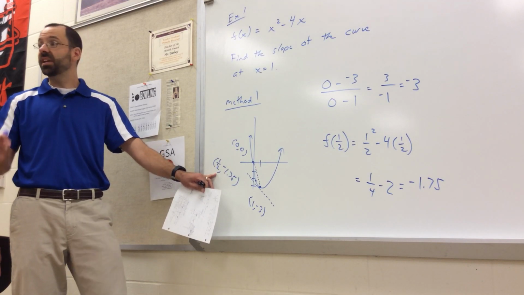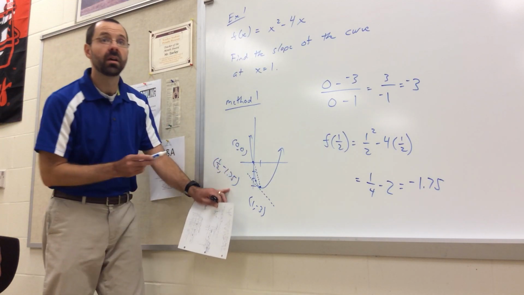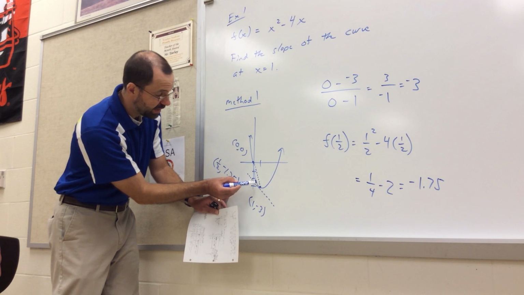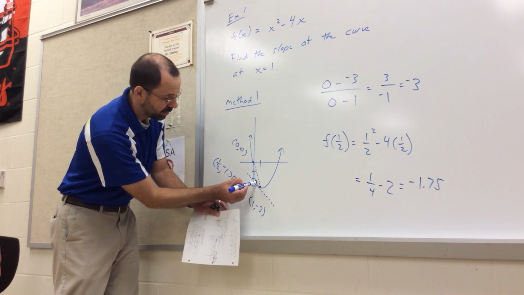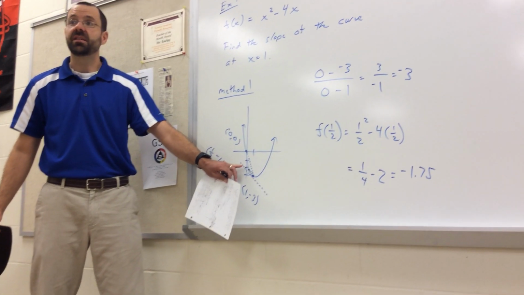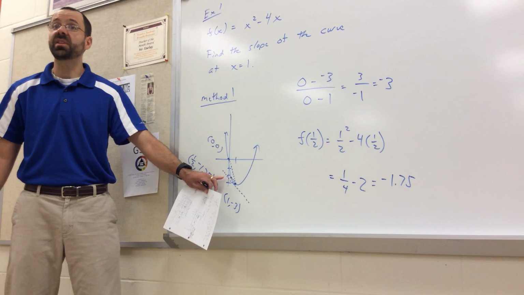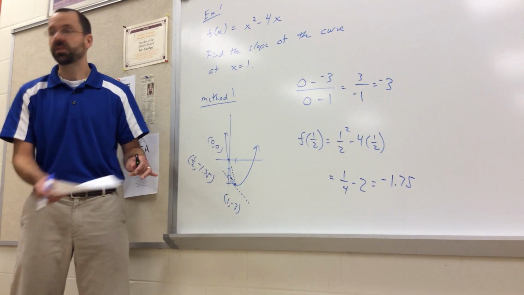Okay, now instead of finding the slope between these 2 points, I'm going to find the slope between these 2 points. Will that be the answer I'm looking for? No, it still won't be the answer I'm looking for, correct?